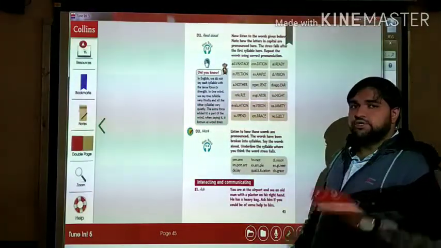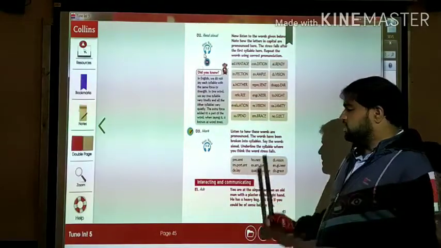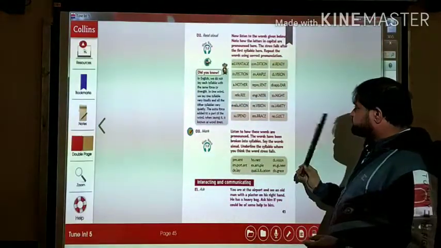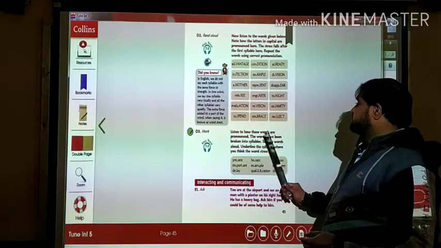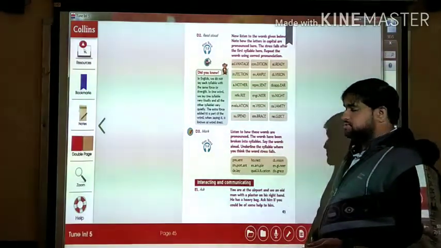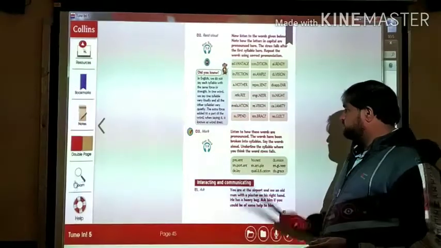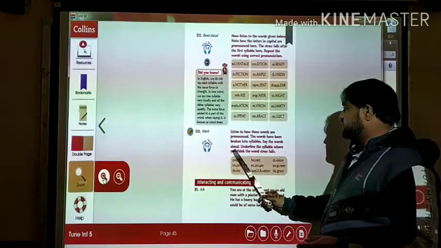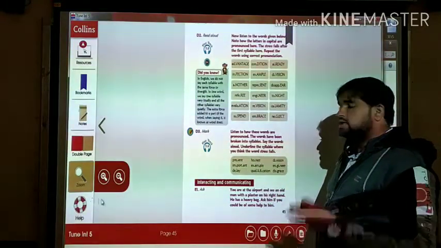So I hope you understood how to pronounce these words properly. Now we have another list of words. Listen to how these words are pronounced. The words have been broken into syllables. Say the words aloud, and underline the syllables where you think the word stress falls.